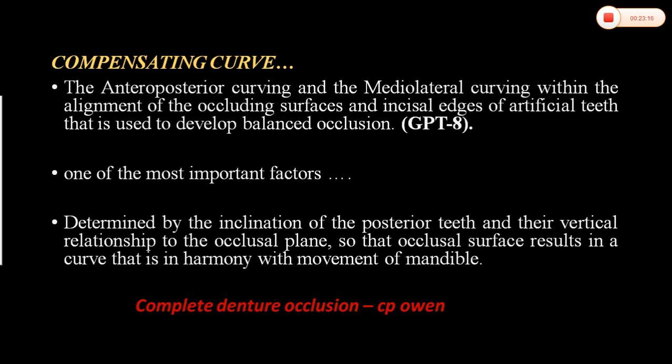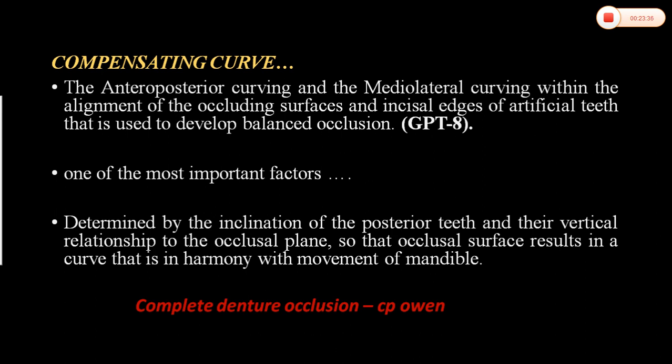Compensating curves have to be provided in the artificial dentures to gain balanced occlusion. These curves can be an anteroposterior curve such as the curve of Spee, or a mediolateral curve such as the Monson curve, anti-Monson curve or Wilson curve.